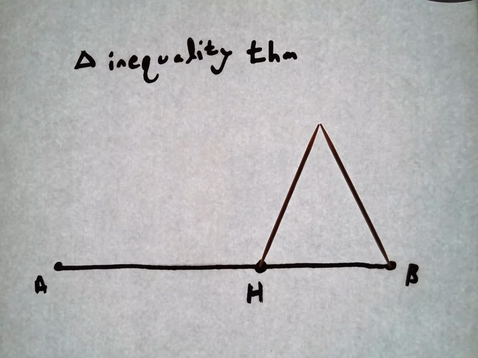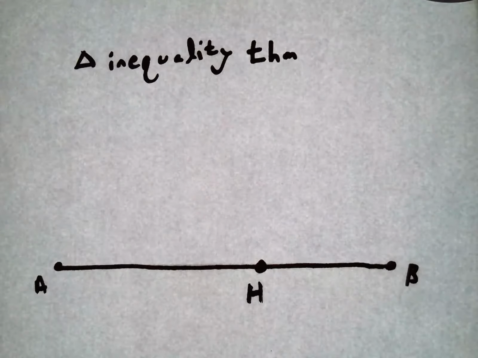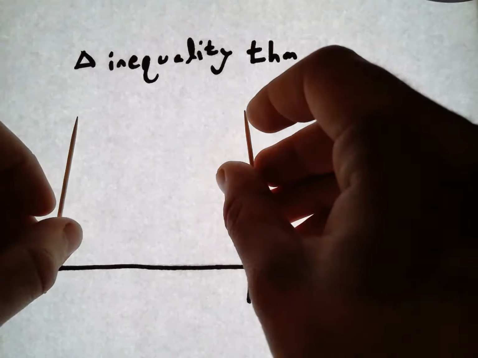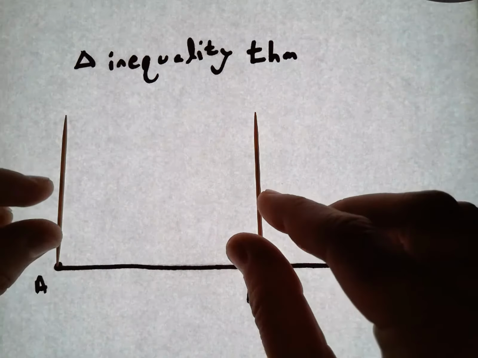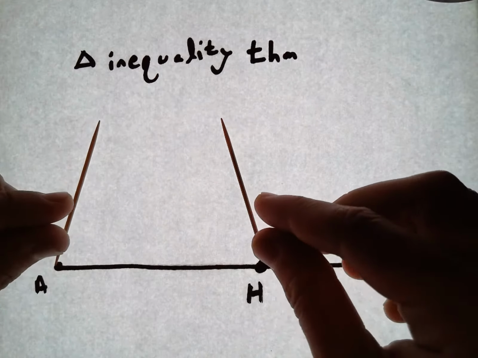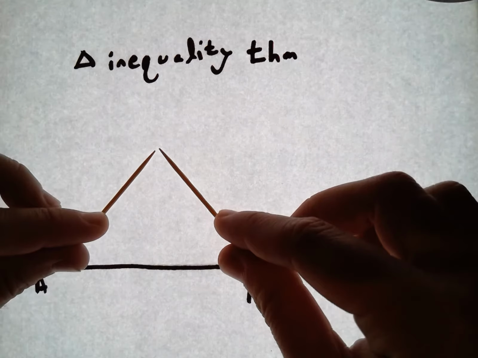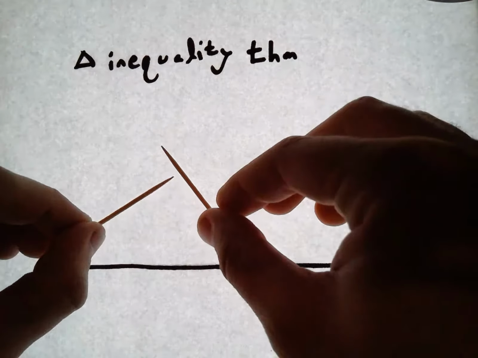Great. Now, what if I try to make a triangle with line segment AH and these same two toothpicks? So I'll do the same thing. And then I'm going to try and bring these two toothpicks down, keeping them at point A and point H until they hit at the end, and I still have my vertices more or less where they were before.